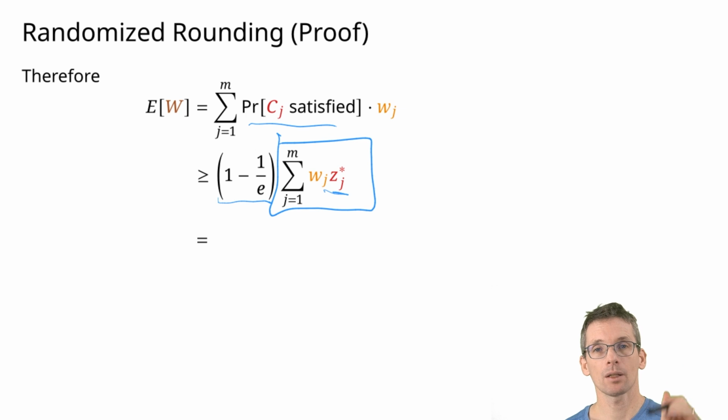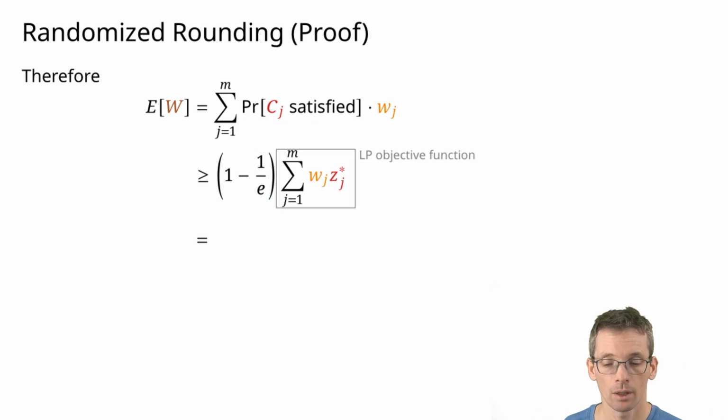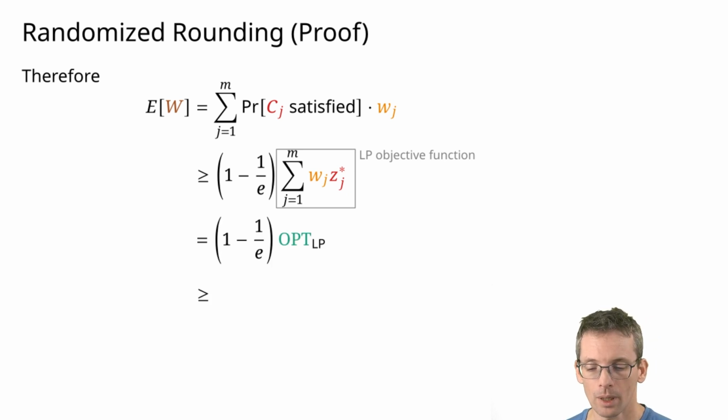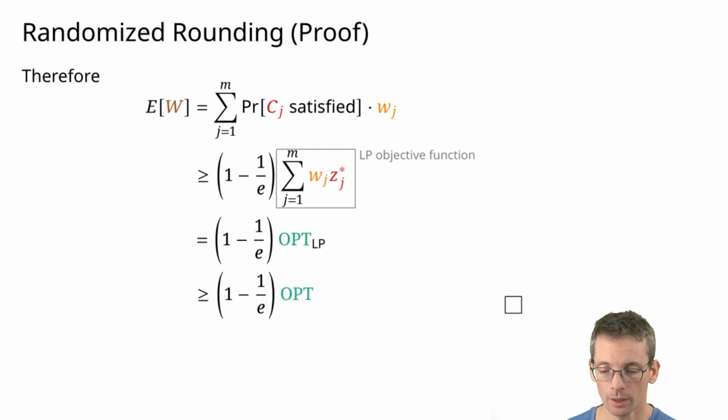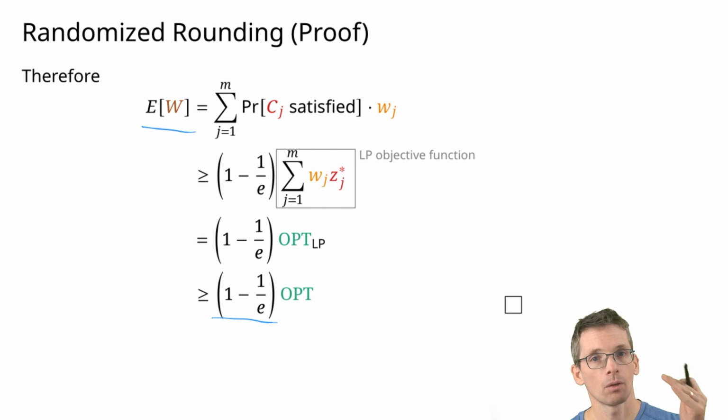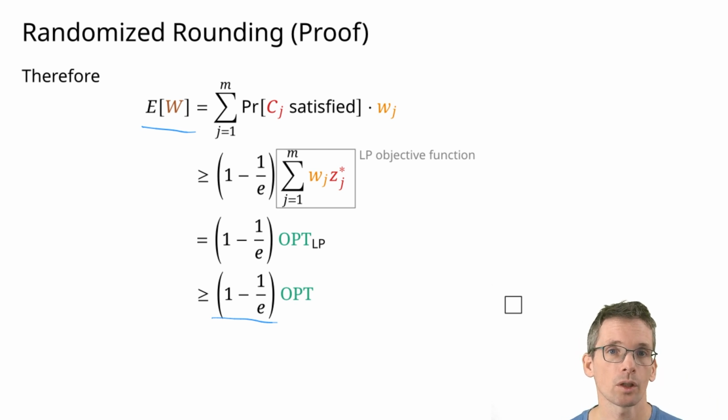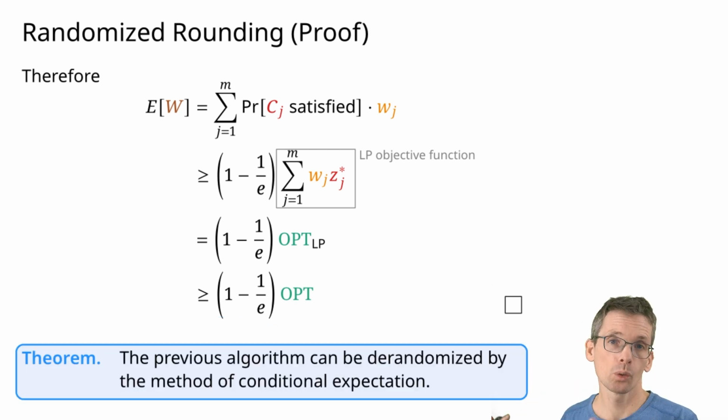But that sum is simply the objective function of the LP. So this is then equal to 1 minus 1 divided by e times the opt of the relaxed LP, which is an upper bound for the integer linear program. So we get here that the expected value of w is larger or equal to 1 minus 1 divided by e times opt, which proves the approximation factor that we wanted to prove. This concludes the proof of the approximation factor of this algorithm.